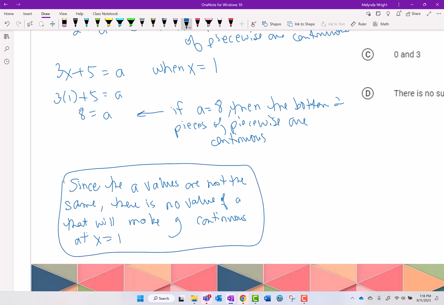Okay, since the a values are not the same, there's no value of a that will make g continuous at x equals 1.